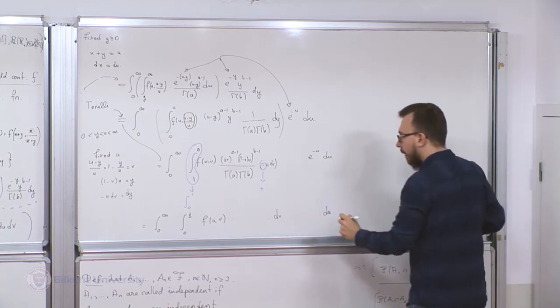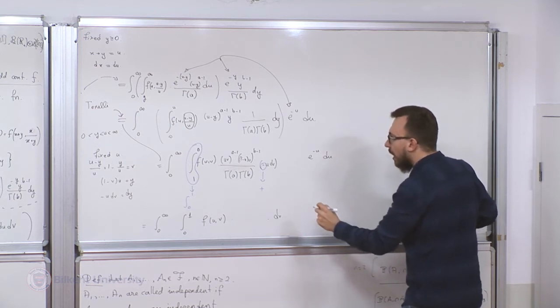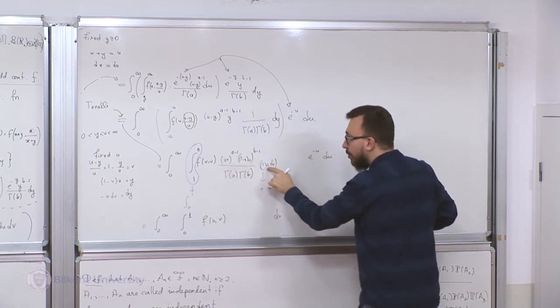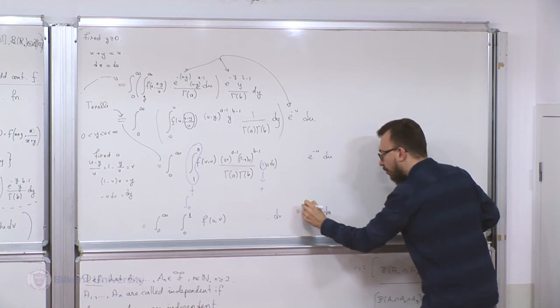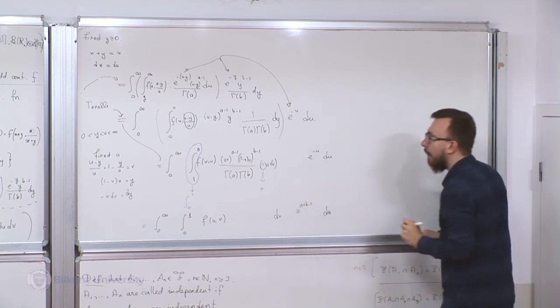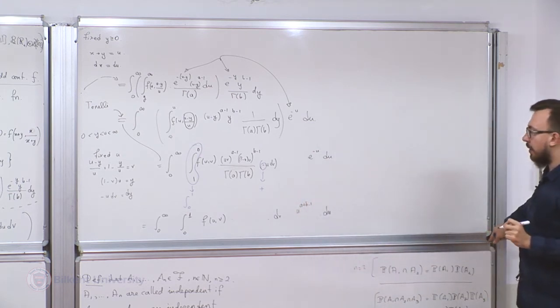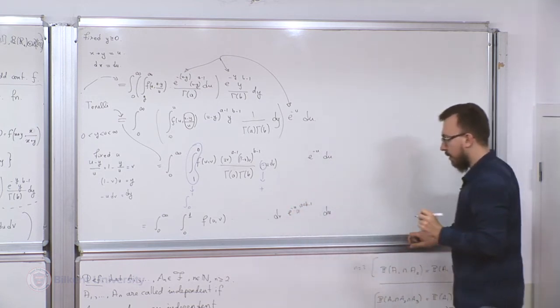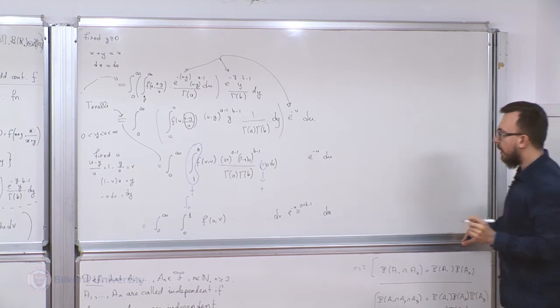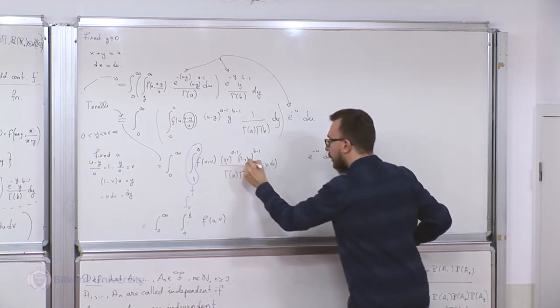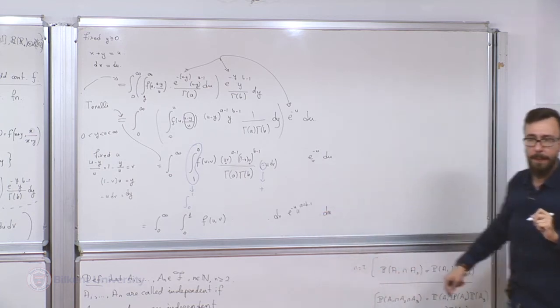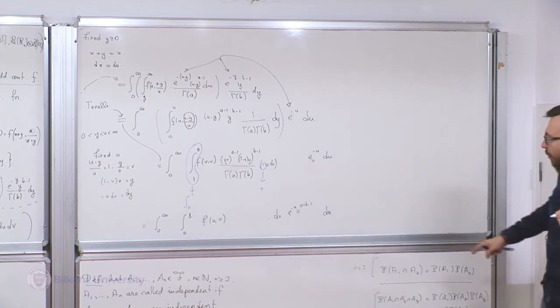So, well, what are the terms about u? There is u to the a minus 1, u to the b minus 1, and there is u. So this makes u to the a plus b minus 1. And there is e to negative u here. Right? This u term, and this one. They are all here.